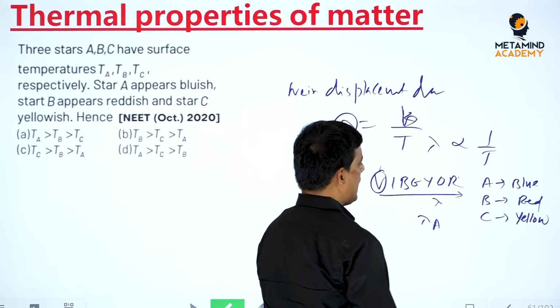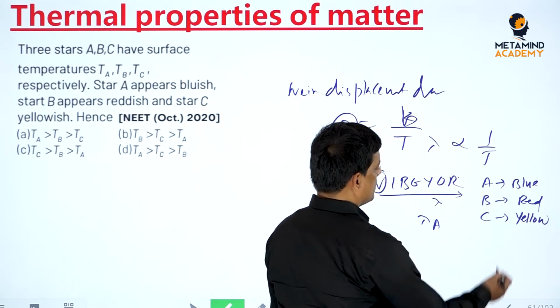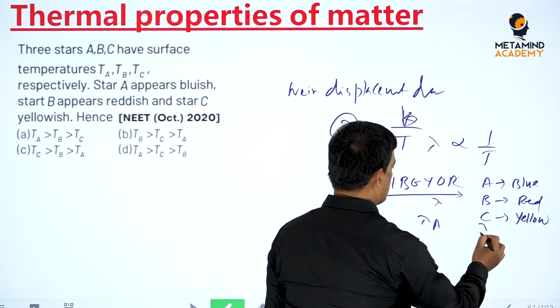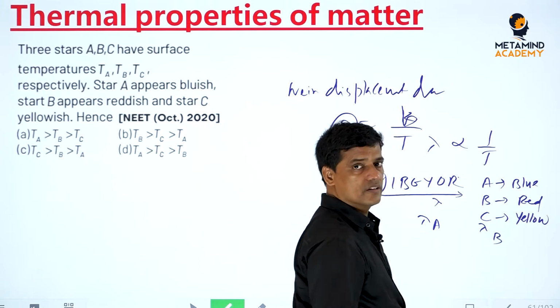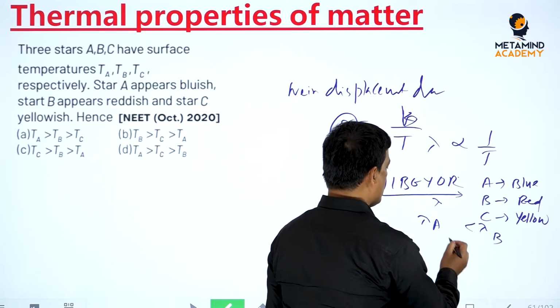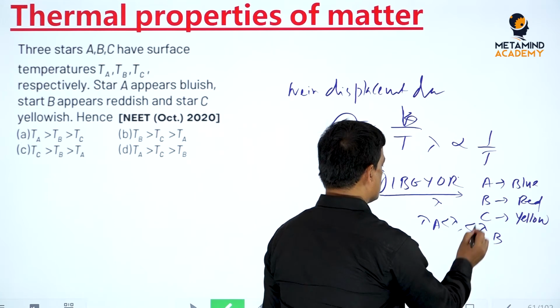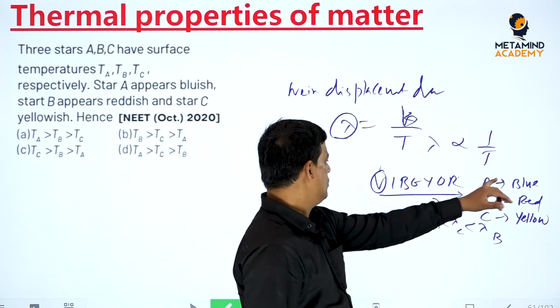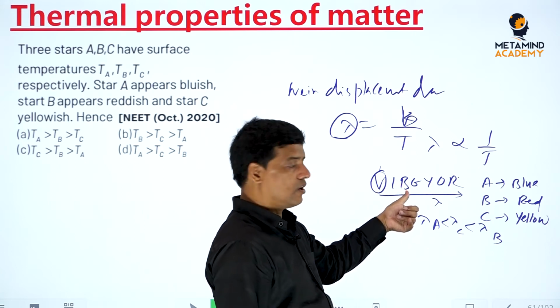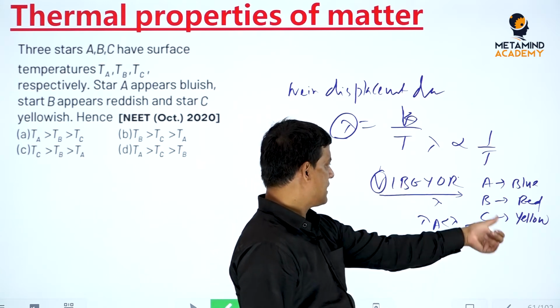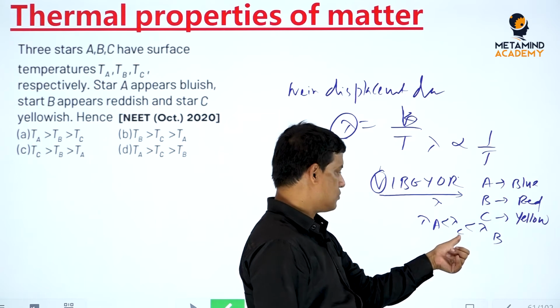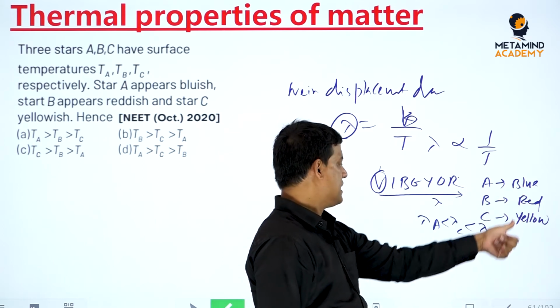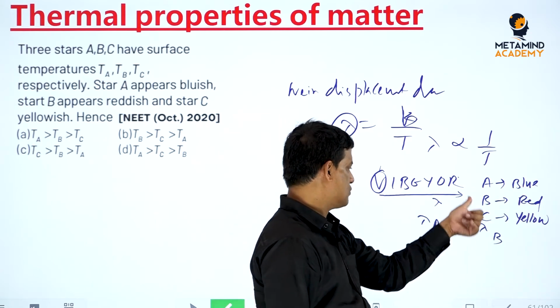B is red, so lambda B is highest. And lambda C is in between, because A is blue, on the shortest side, yellow is in between, so C is in between, and B, being red, is farther.